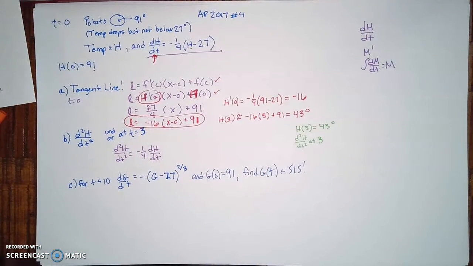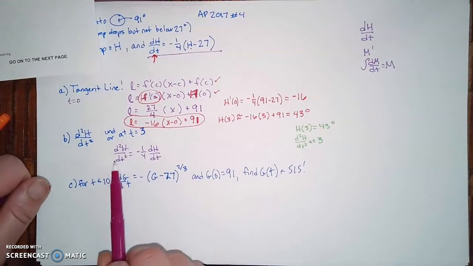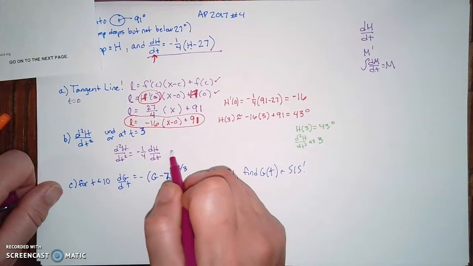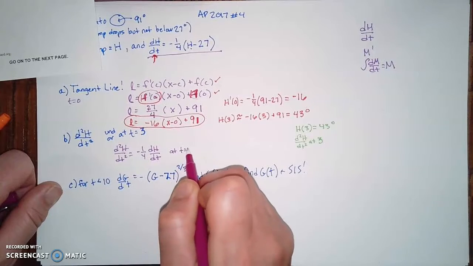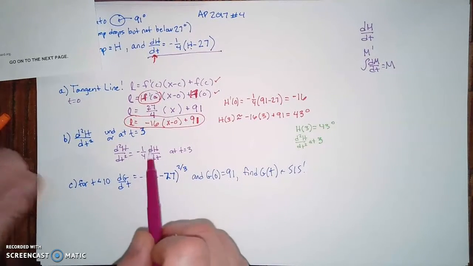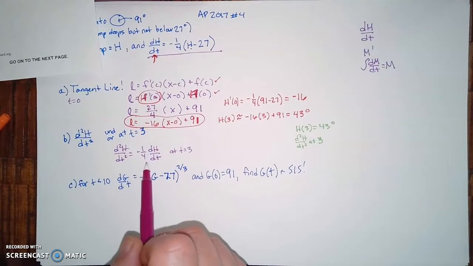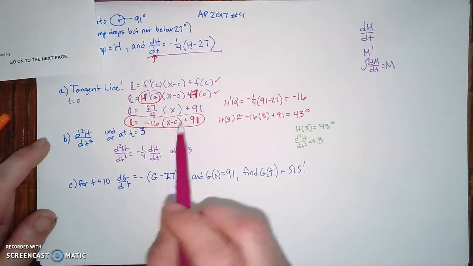So that's my answer for that piece. Now, in order to find d squared h over dt squared at t equals 3, I need to put t into these equations. My only problem is h of t is not determined by t, it's determined by h.